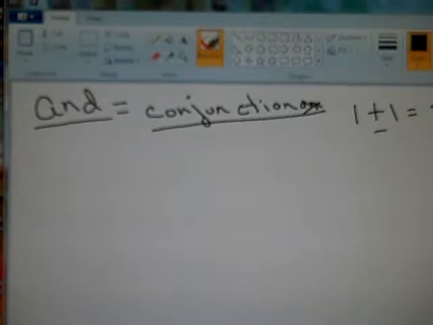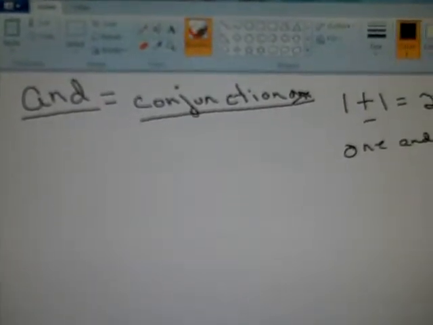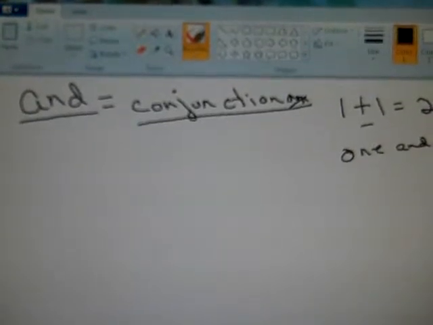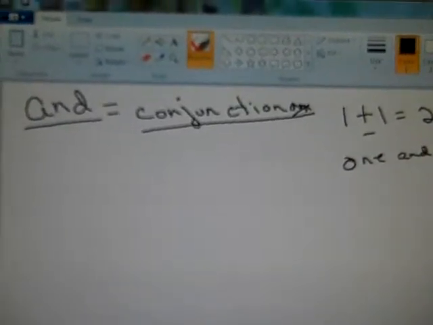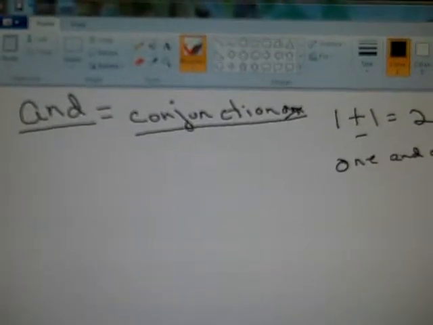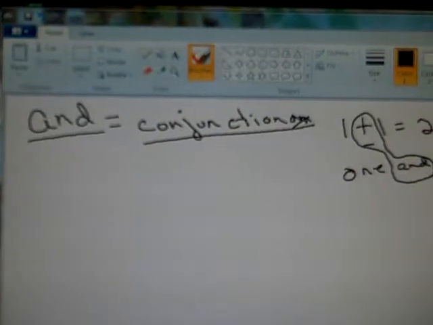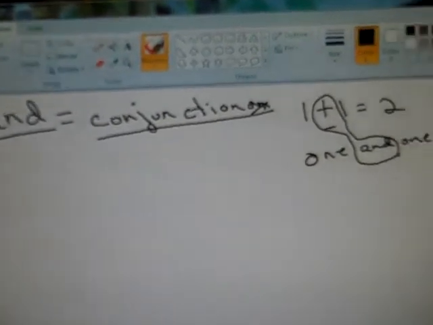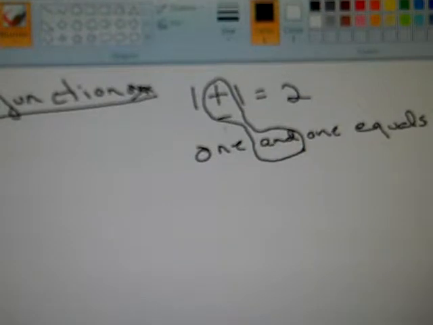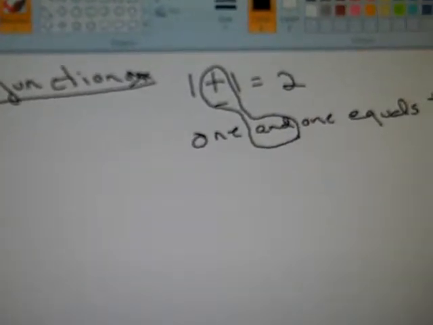Most people will say 1 and 1 equals 2. So the plus sign and the and are equivalents over here. 1 plus 1 equals 2. 1 and 1 equals 2.